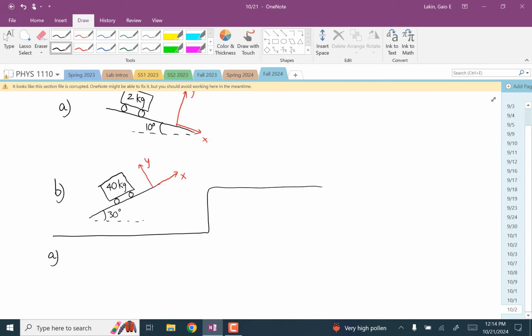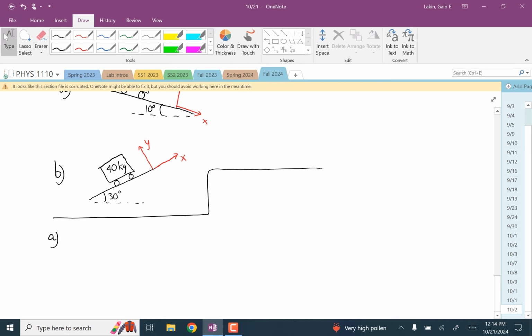And in all cases, it's just like those assigned problems that you did in the set of vectors problems, where you have a coordinate system at some angle and you're trying to figure out the components of the vector. So for part A, here's our coordinate system. Here's our weight force.